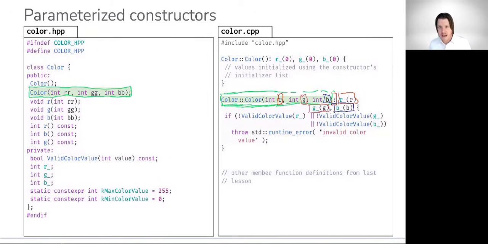Remember, this is a parameterized constructor, so the user is specifying the initial state of this object. If the invariant is that these objects will always have valid values for R, G, and B, we obviously need to ensure that the values for R, G, and B are in fact valid. We can do that with a simple conditional, and we can throw an exception if this violates our invariant.